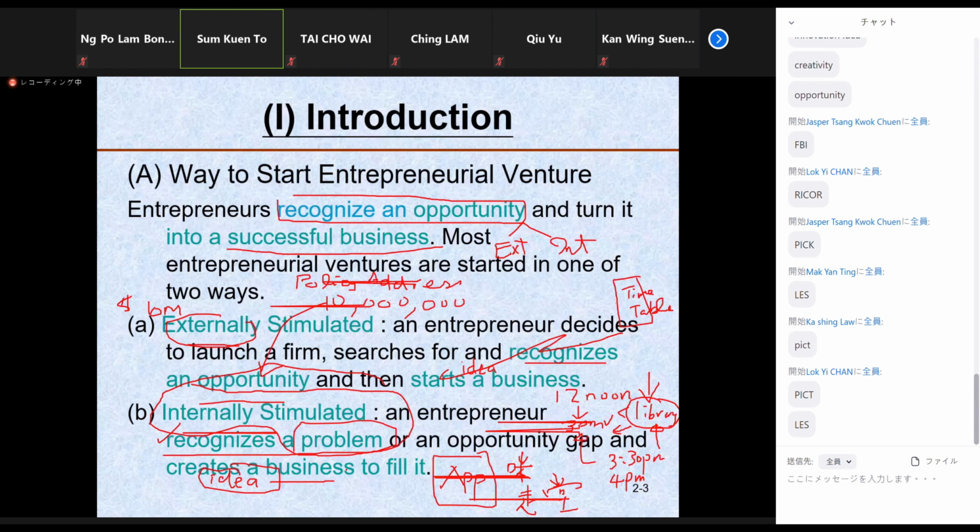That's why you should start observing while you are going to school, dating your boyfriend or girlfriend, dining out, going for sport, in every daily life. Try to see, do I encounter some problem? And if yes, how can I solve that? So it can be internally stimulated.